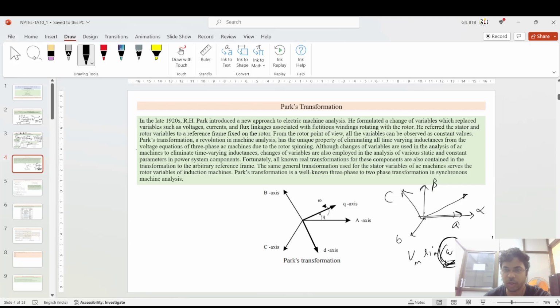Suppose there is a rotating frame like that, and your system is rotating like this, and this is the D component and this is the Q component. The D component is leading the alpha by a certain angle theta, and the Q component is also leading by a certain angle theta. So how do you define this?